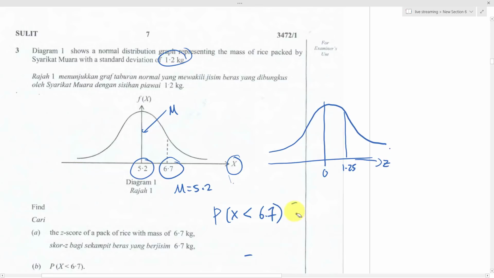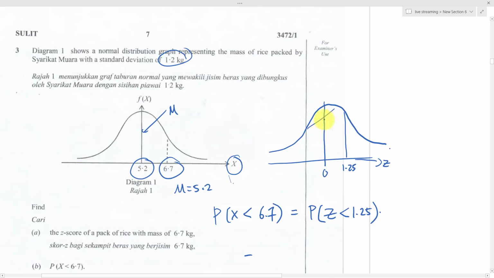To solve this, we need to change this into a standard score, don't we? So 6.7 minus 5.2, divided by 1.2. Yeah, 1.25 is correct. So I will change x to z, and we do the same thing. Therefore z is less than 1.25.